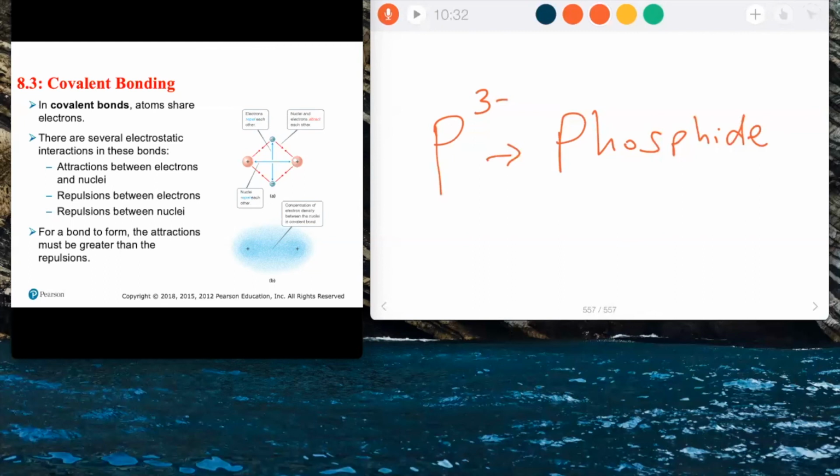Chapter 8, 8.4, is critical for chapter 9. We need to be able to draw the Lewis structure for molecules or ions.